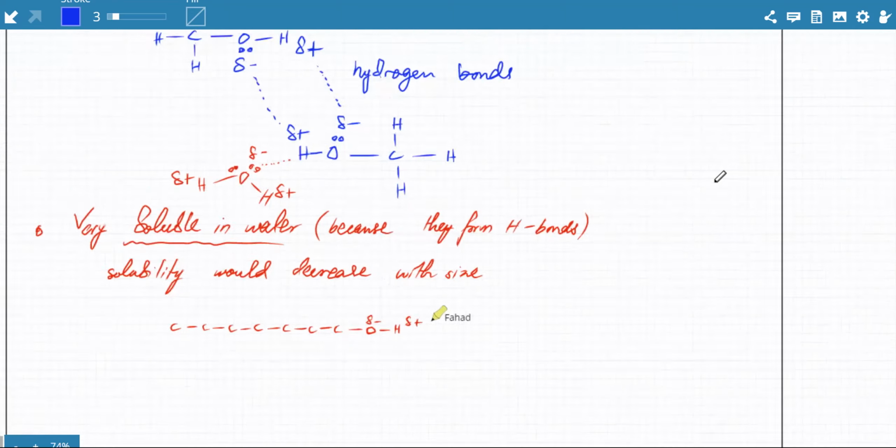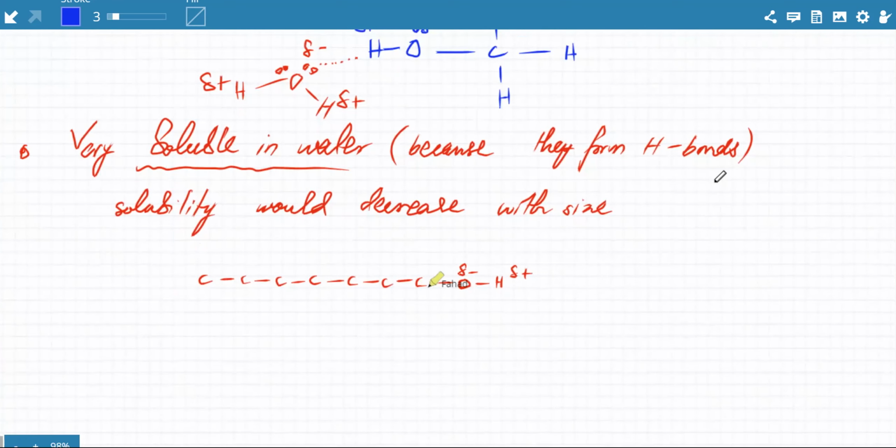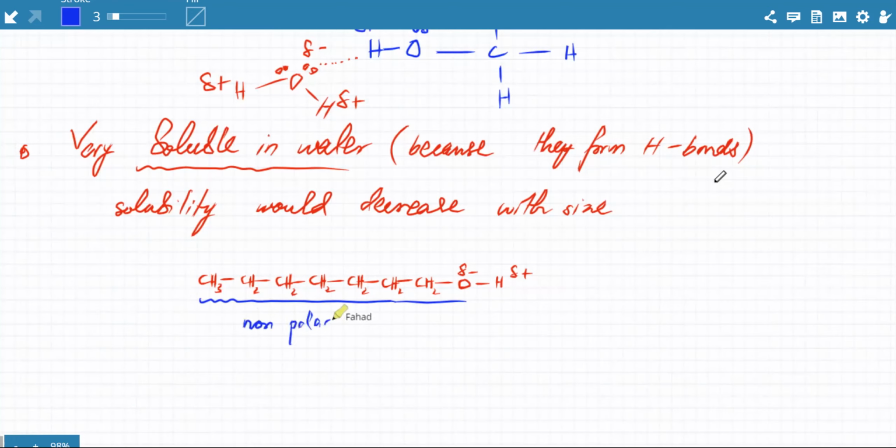The rest of the chain is non-polar. This chain over here is a non-polar chain, and it does not attract water.